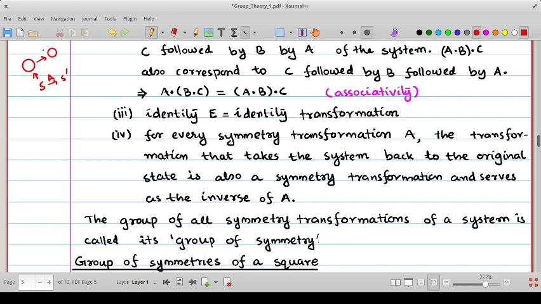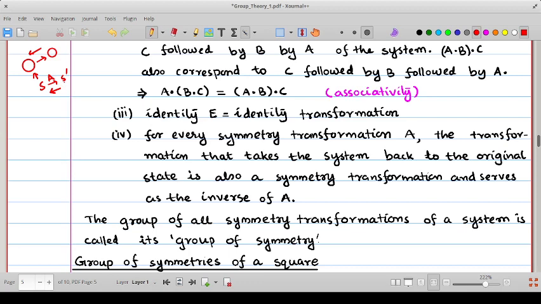So now we can always think of a transformation which will take the state S dash to S, that is going backwards. Since the S dash state is the same as S, the transformation A is a symmetry transformation. So S and S dash are the same state.